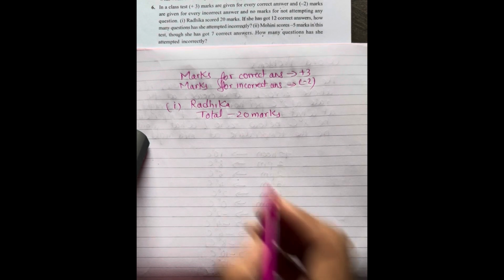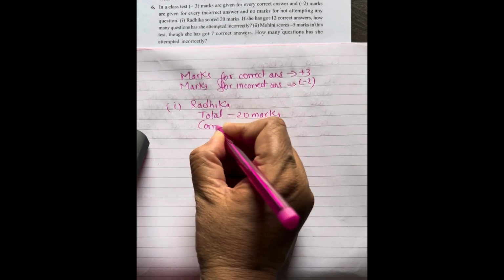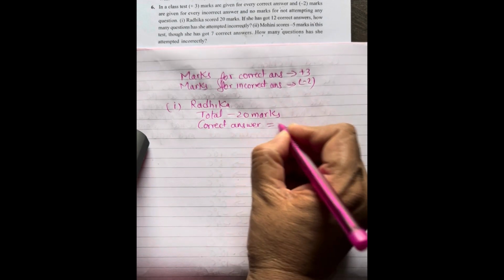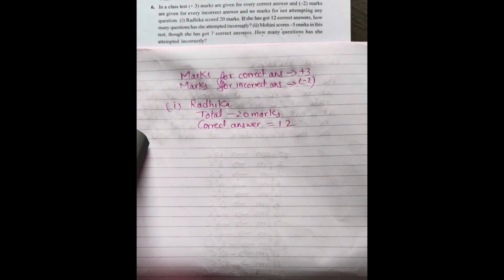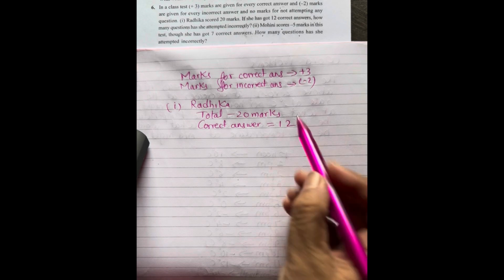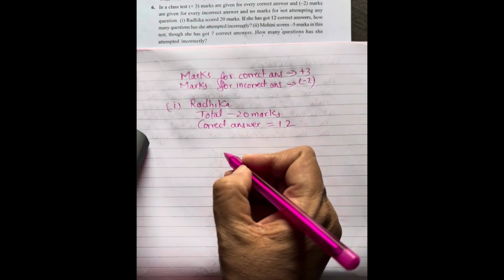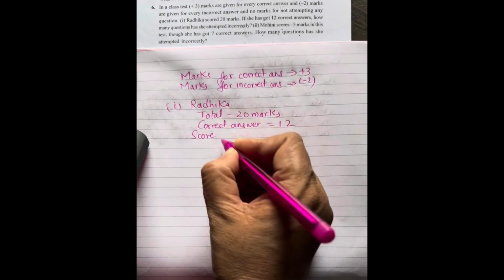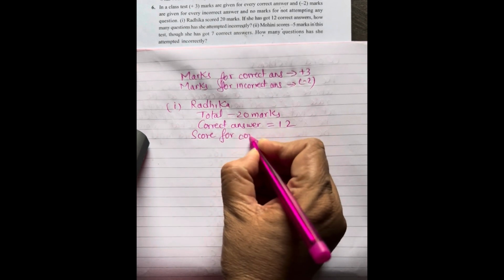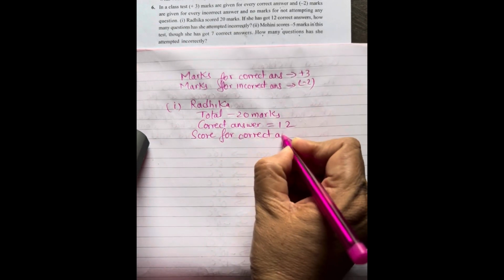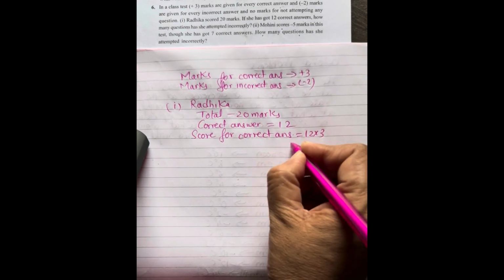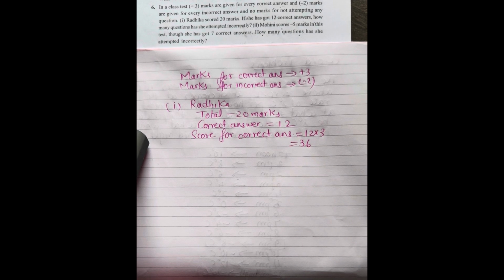So correct answers are 12. Now, let us see what is the marks given for correct answers. That is plus 3. So 12 correct answers means her score for correct answers is equal to 12 into 3. So that is 36. So she should get 36 marks because she gave 12 correct answers.